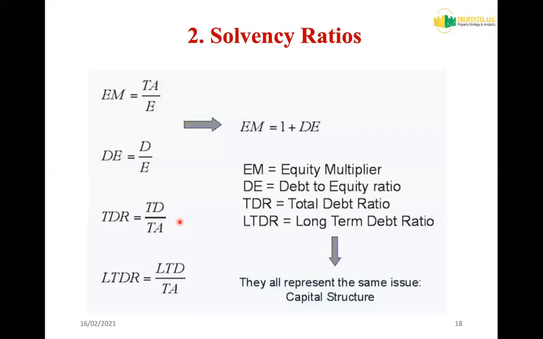A higher ratio also indicates that a company may be putting itself at risk of default on its loans if interest rates were to rise suddenly. A ratio below 1 translates to the fact that a greater portion of a company's assets is funded by equity. So the total debt ratio is commonly referred to as the debt to asset ratio, as we would say.